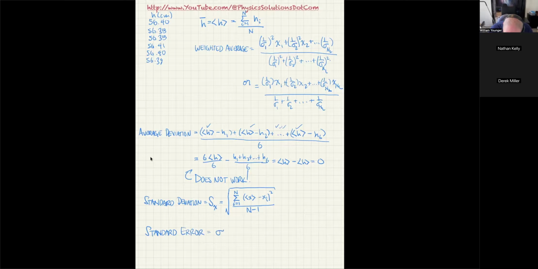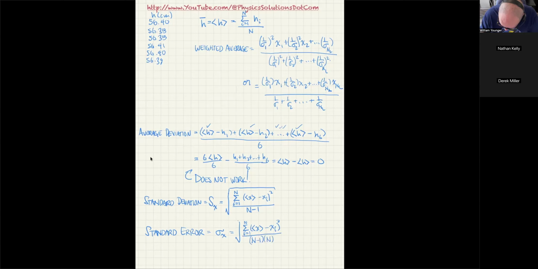The standard error is often written as a sigma, just like the uncertainty is, because that's what we use the uncertainty for. So this is the quantity that's supposed to go after the plus or minus, and what it turns out to be is the summation from i equals 1 to n of (x bar minus x_i) squared, divided by n minus 1, and then divided again by n.